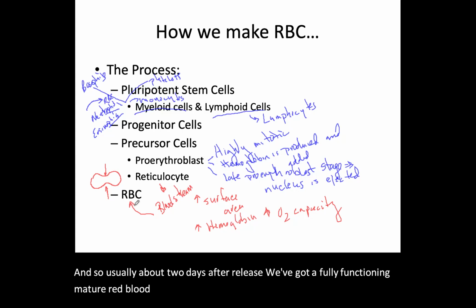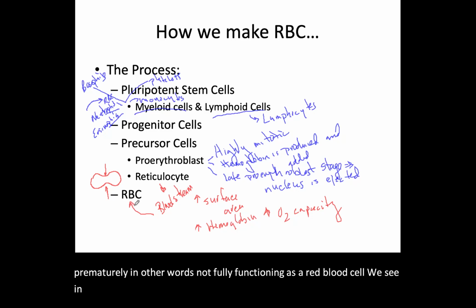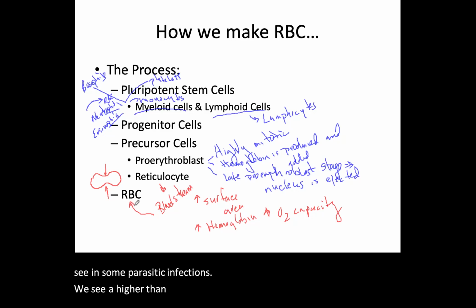There are advantages to releasing these reticulocytes prematurely, in other words, not fully functioning as a red blood cell. We see in some parasitic infections a higher than normal reticulocyte to erythrocyte ratio.